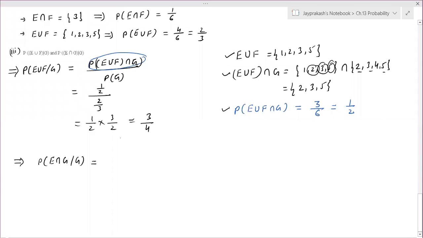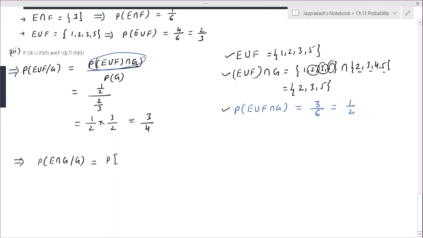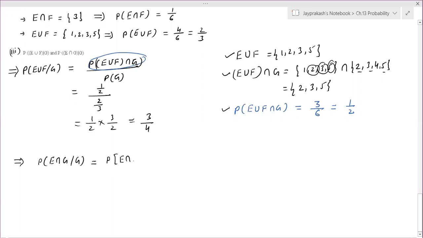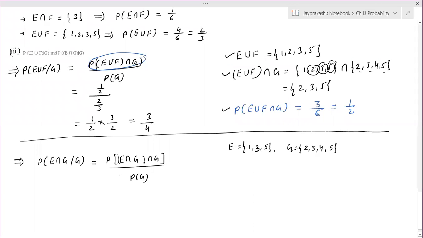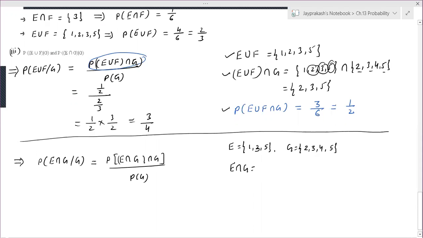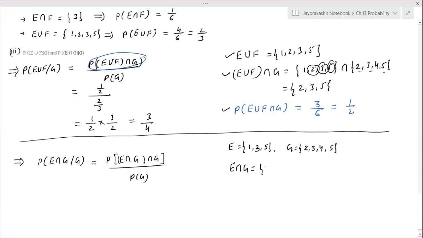Okay, now see the second part, where we have to find the probability of E intersection G given G. If we write the formula, it becomes E intersection G, intersection G, upon P of G. Before finding this, we need to find E intersection with G. So we'll get 3 and 5.